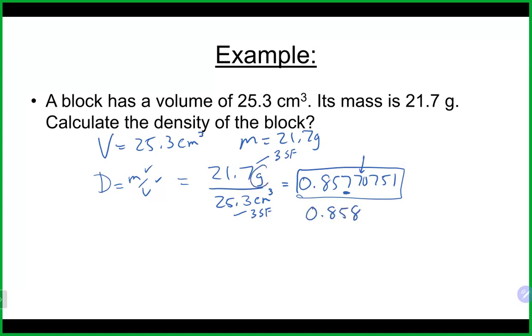Once again, the unit on top and the unit on the bottom do not cancel. They both remain in the same position. The number always goes with the top unit, and the bottom unit is assumed to be 1, although we don't usually write the 1. So we would have 0.858 grams per cubic centimeter.